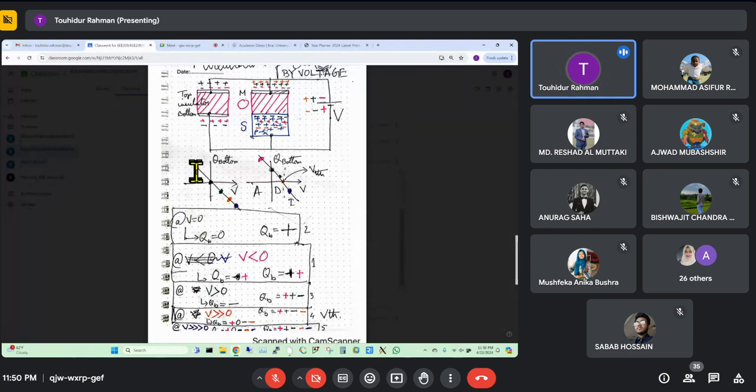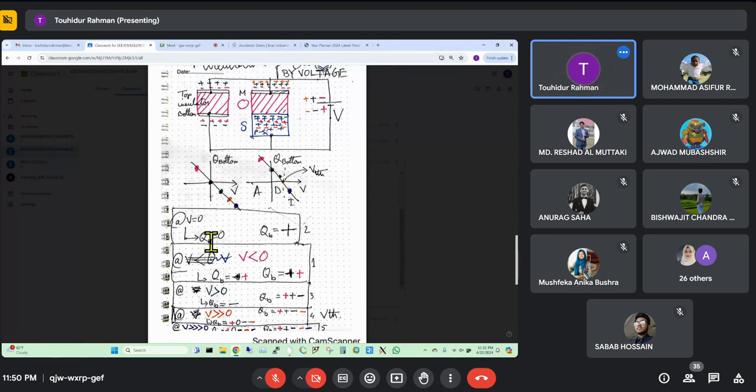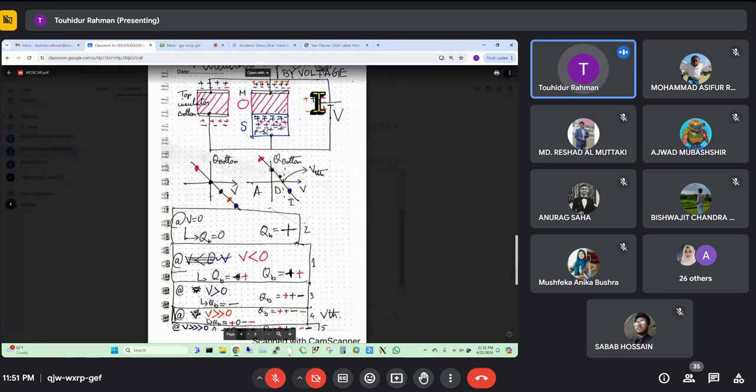This color is red. So we have negative voltage, positive charge at the bottom plate. I tried to match the color, so that it will be helpful for you to visualize. Does it make sense? When we apply negative voltage, the bottom plate will have positive charge, right?